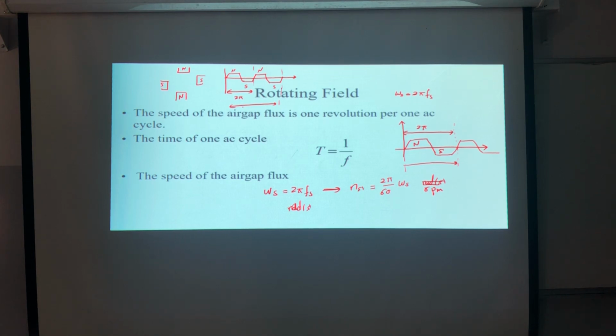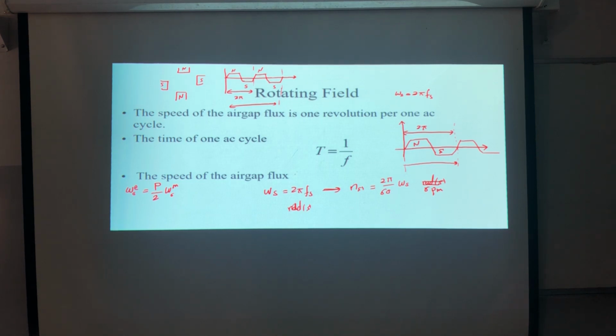So now there's a relation between the electrical speed and the mechanical speed. Let's say omega s electrical will equal P over 2 omega s mechanical. Now, if the number of poles is 2, in this case, the electrical speed is equal to the mechanical speed.